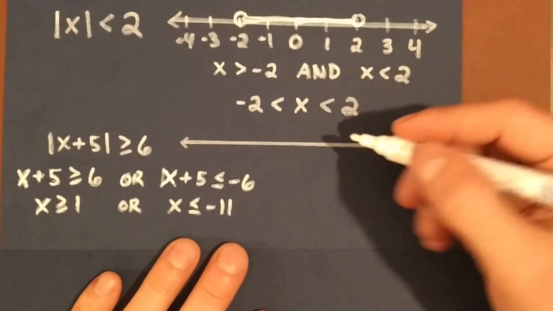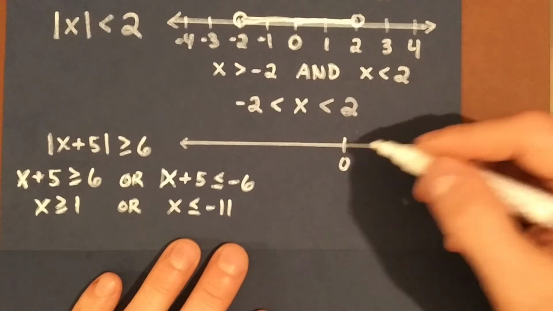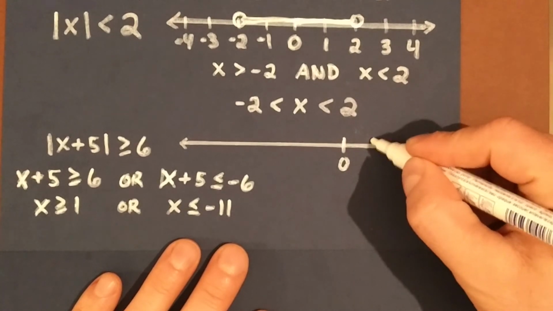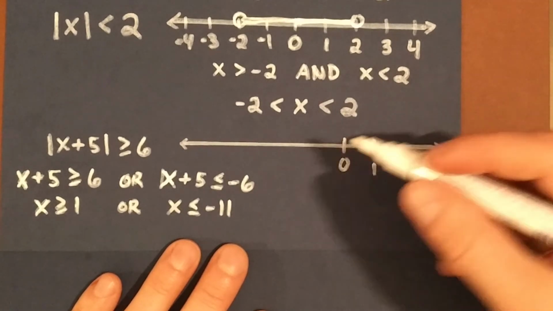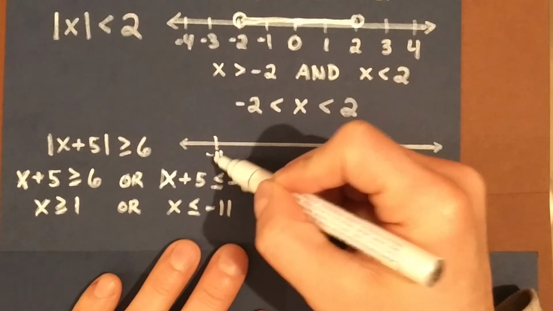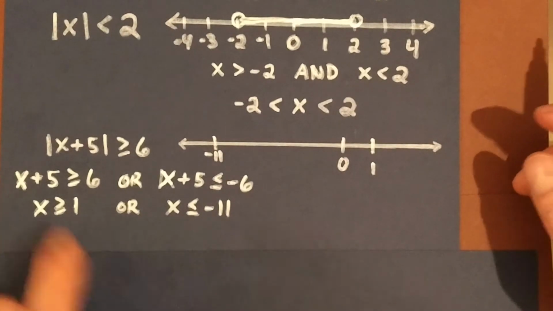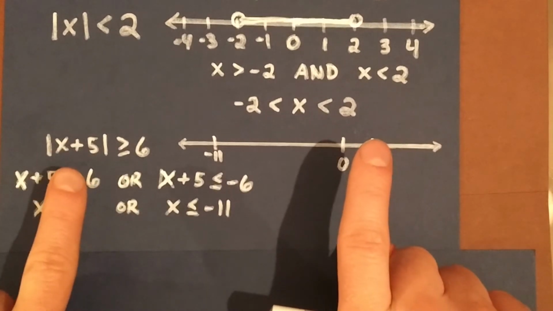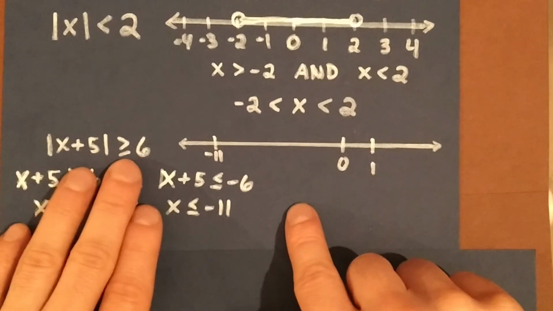So we'll put 0 maybe here. And we'll put 1 here. And we'll put negative 11 over here. And so the solution, even though in the beginning we were talking about being to the right and the left of 6, this is something that maybe sometimes confuses people.